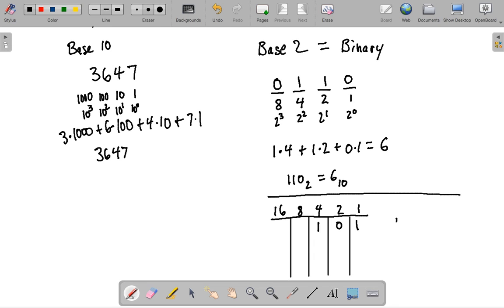That would be 1 times 4 plus 0 times 2 plus 1 times 1. That would equal 5. If I did 1, 0, 0, 1, that would be an 8 and a 1. That would equal 9. And that's 5 base 10 and 9 base 10. If I did 1, 1, 1, that would be a 4, a 2, a 1. That would be 7 base 10.